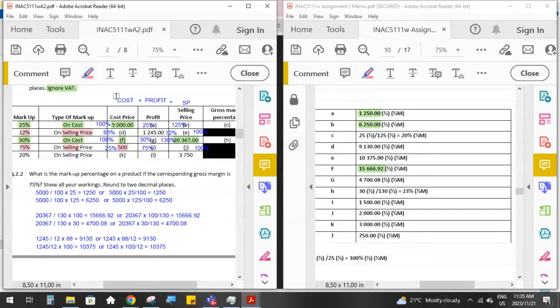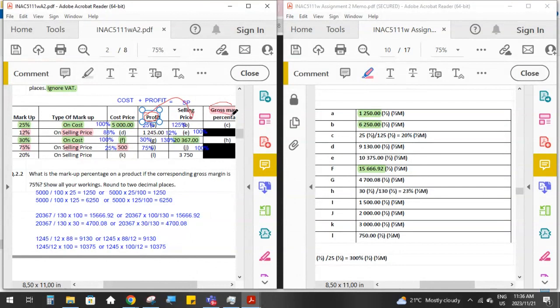What else? Oh yes, these two over here, when they've asked us to work out the gross margin percentage. When we talk about a gross margin, that terminology always means that we are referring to the profit as a percentage of the selling price.